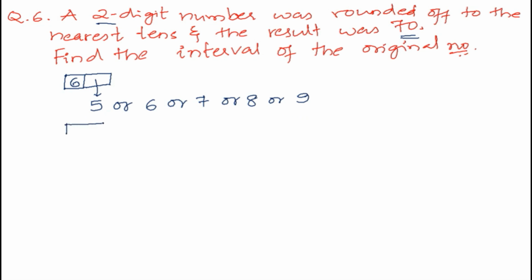The other possibility is the digit at tens place is 7 and this digit at units place can be 0, or 1, or 2, or 3, or 4.